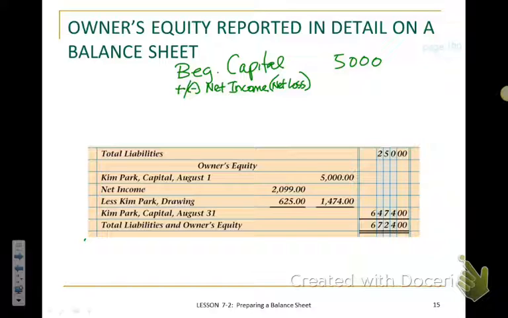And in this case, we had our net income from our worksheet. Remember, all of this information is coming from our worksheet. Our net income on our worksheet was $2,099. Then we're going to subtract from this our owner's drawing.